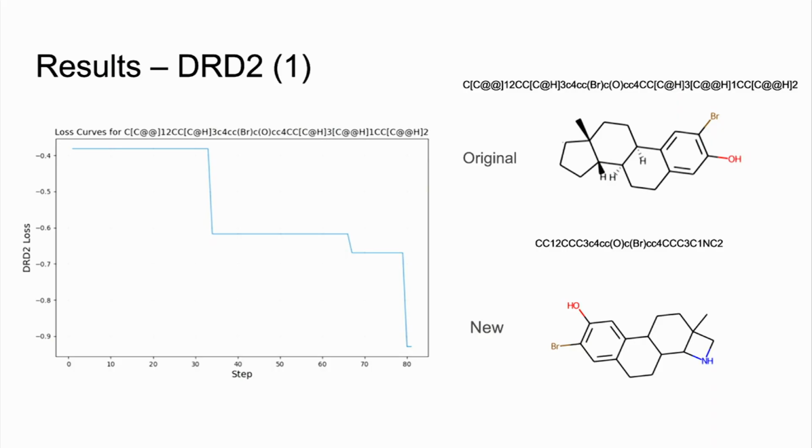And our result on DRD2, from the loss curve on the left side, the loss curve here is the DRD2 minus value. It seems that through the optimization, it is going down. We also show the original molecule graph and the molecule graph after the optimization.